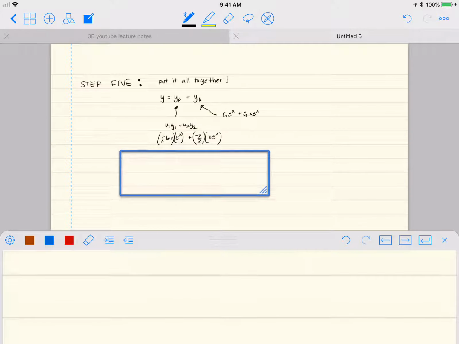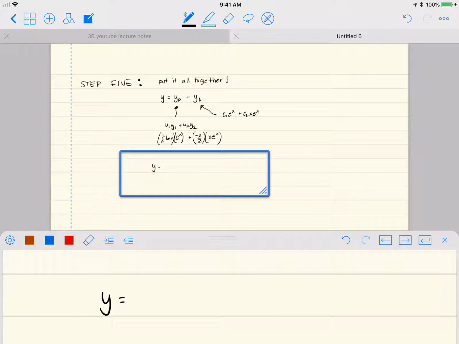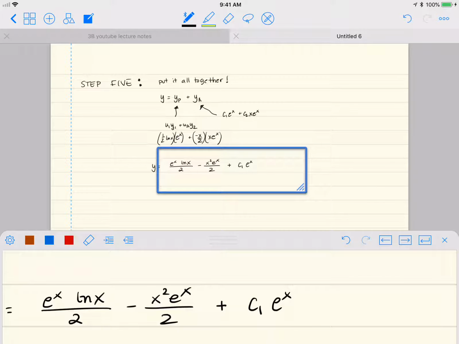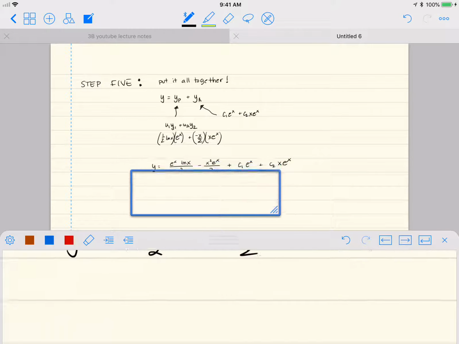Okay, so when we put it all together, y is equal to e to the x natural log of x over 2 minus x squared e to the x over 2 plus c1 e to the x plus c2 x e to the x.